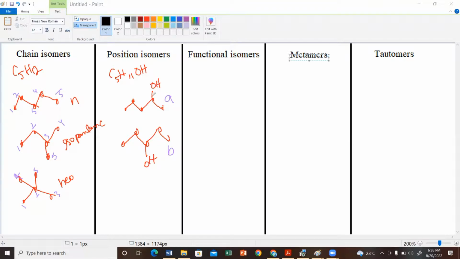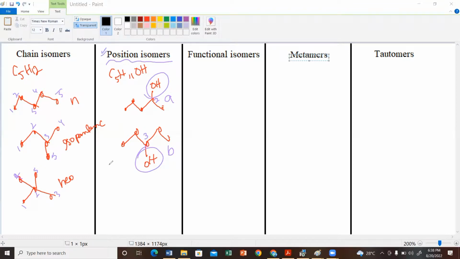In A, the heteroatom is attached on position 2, while in skeleton B, the heteroatom is attached on carbon number 3. So if the position of the bulky group or the heteroatom is different, but the main chain is the same, this type of isomerism is known as position isomerism.